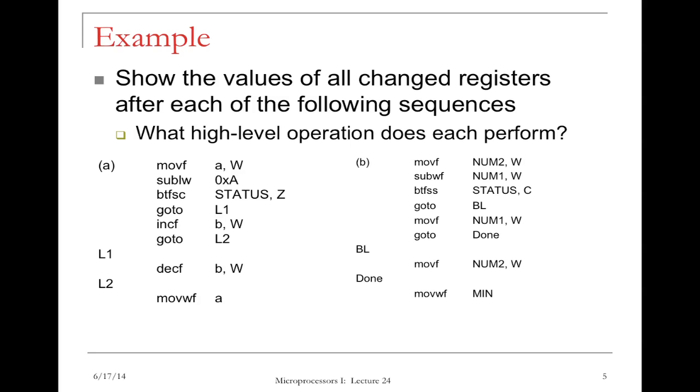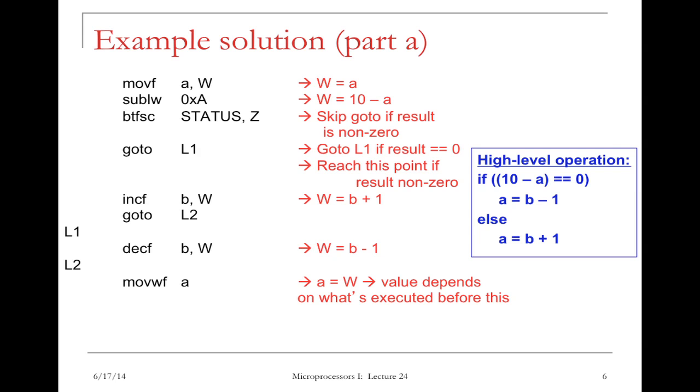Okay, now we're going to work on this example. Show the values of all changed registers after each of the following sequences. Let's just do the first one on the left, case A. Okay, let's walk through these instructions.